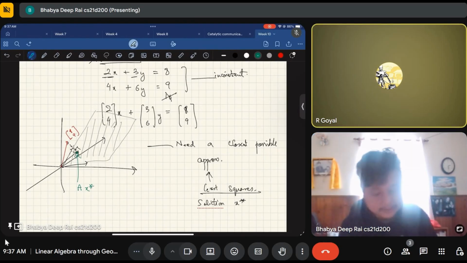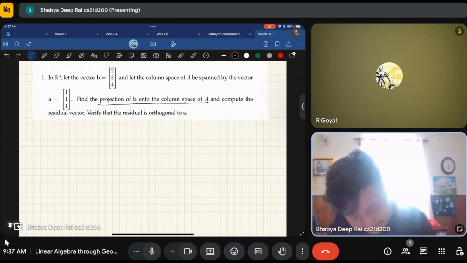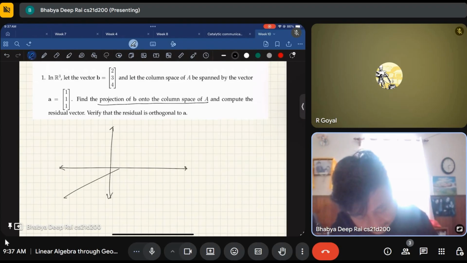So that's what we need to do. Let's say B is 2 3 4, and let's represent it diagrammatically. You have this coordinate space, and you have this 2 3 4, and then you have this 1 1 1.